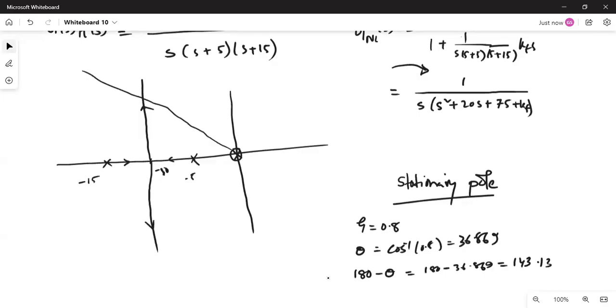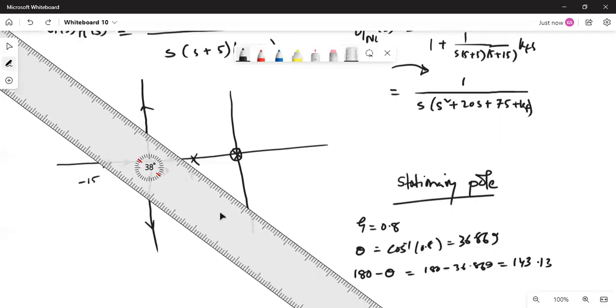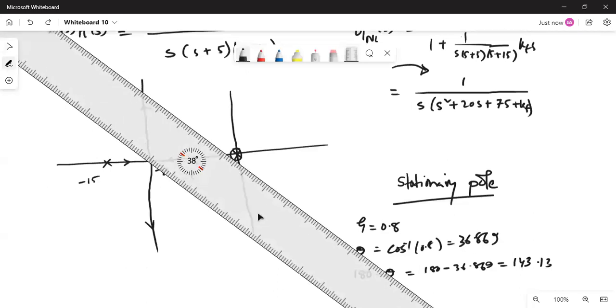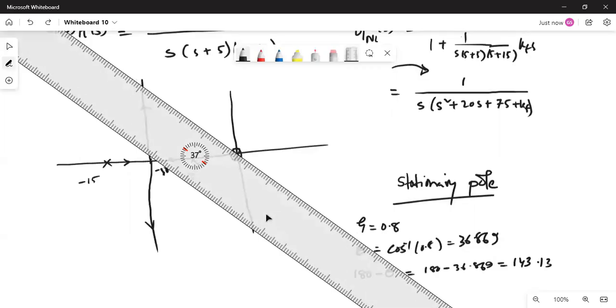Probably a ruler will be the wiser thing to use. So around 36 degrees, something like this should be the scenario.